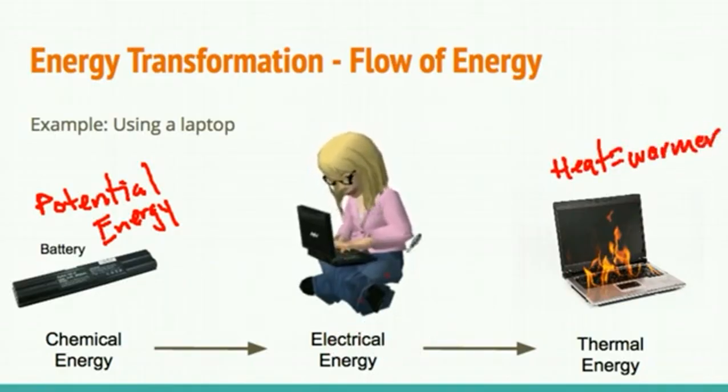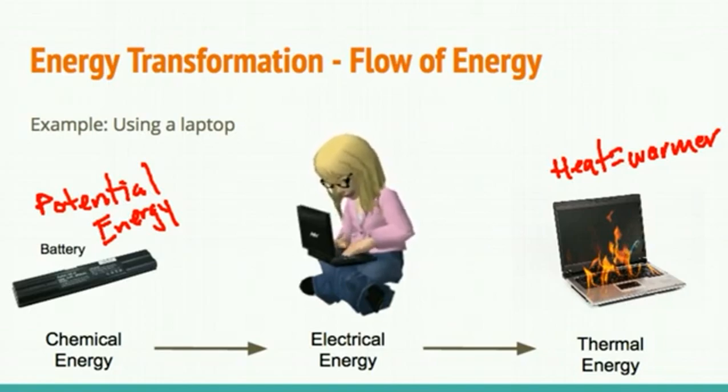So that's not really the heat that you feel. It's not electricity, right? The heat is because it's creating thermal energy. So that chemical energy turns into electrical energy, and then that electrical energy is now turning into thermal energy because the laptop gets hot, and eventually, I know that I have a picture here of it burning up.